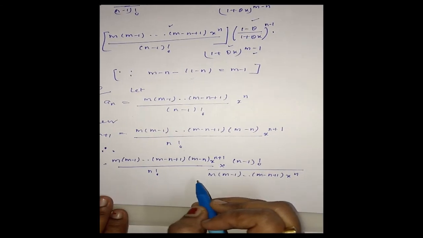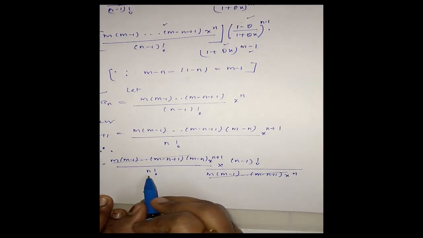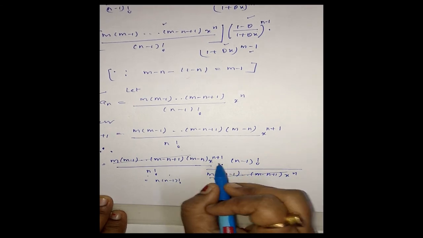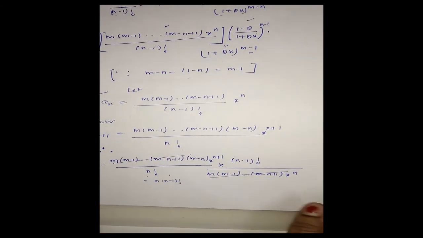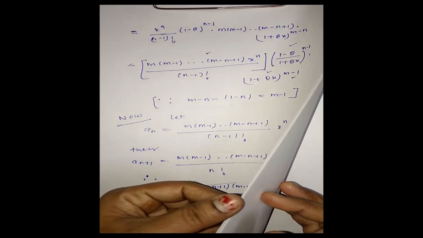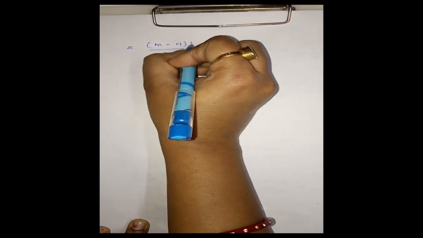Okay, clear? Now, this will get cancelled out. And n factorial can be written as n into (n minus 1) factorial. And x^(n plus 1) is x into x^n. Okay. That means on simplifying we get this is equal to (m minus n) divided by n into x.